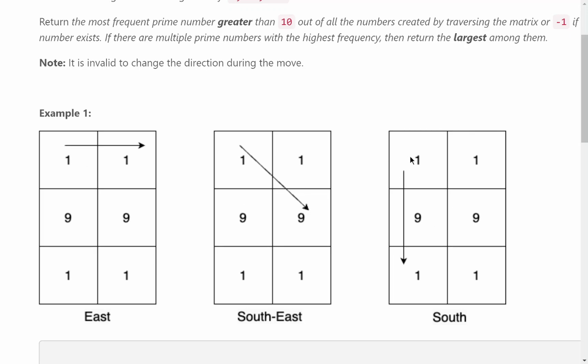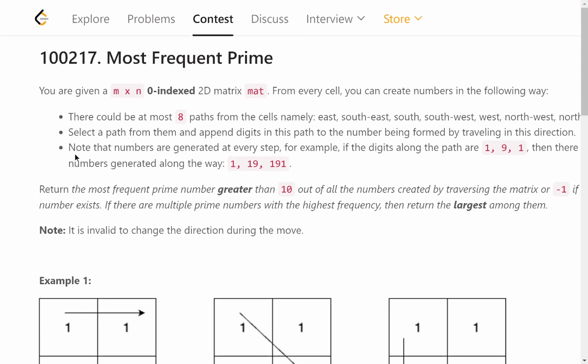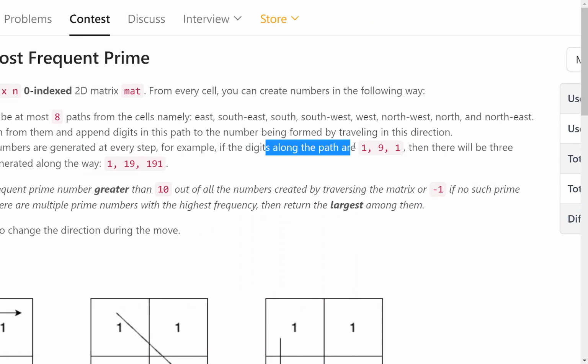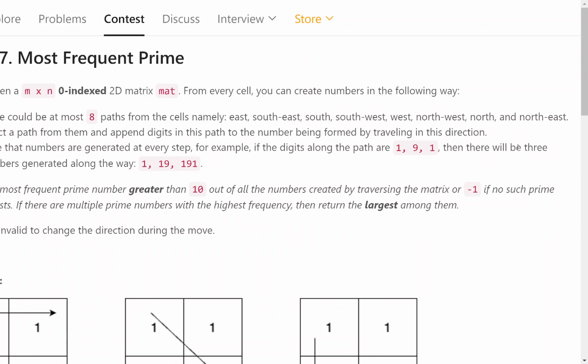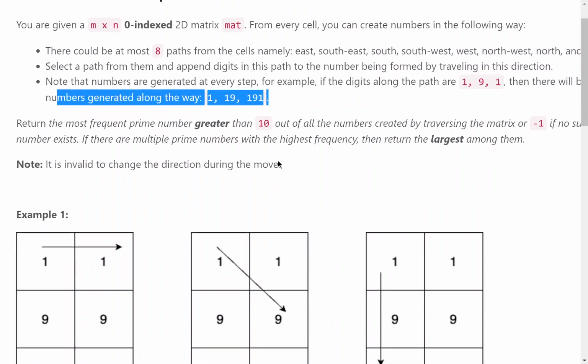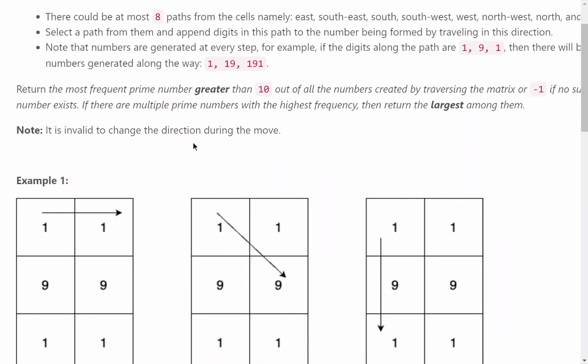When you move towards the south, you will have 1, then 19, then 191. They have mentioned in the third step that for the numbers generated at each step, for example, if the digits along the path were 191, then the numbers generated along the way are 1, 19 and 191. We will consider the whole numbers.